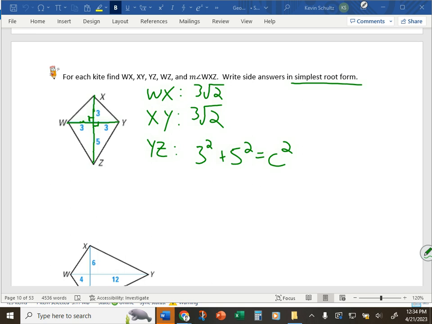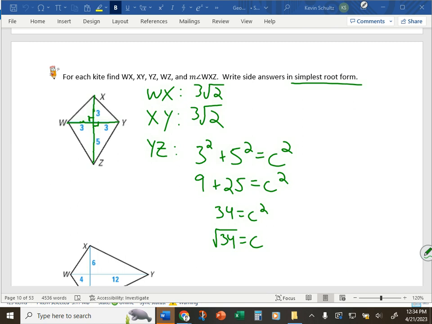So 3 squared is 9. 5 squared is 25. 9 plus 25 is 34. And then to get c by itself, you root both sides. So the square root of 34. Can it be simplified?